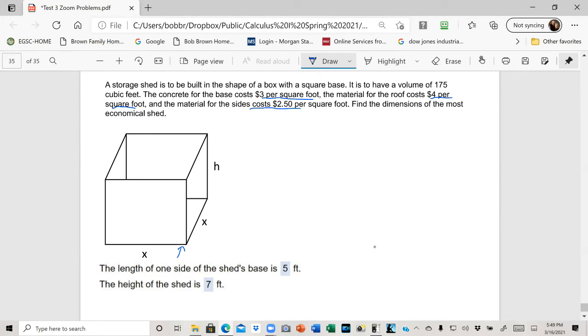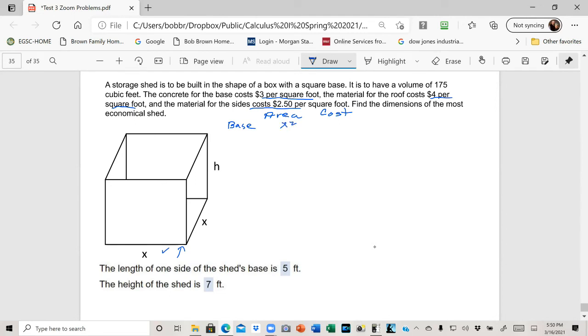So let's calculate the area of the base. And we're going to have the area of each piece here, the area and the cost. And the base area is going to be x times x, which is x squared.